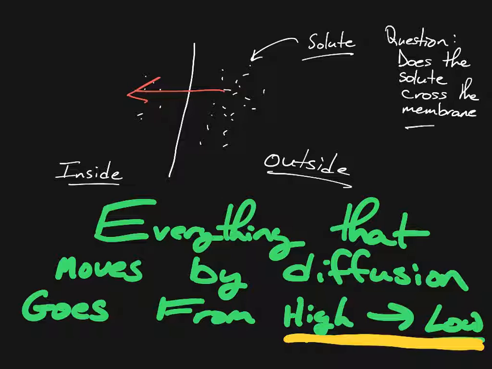That's the first question you have to ask. If it does cross, then the solute's going to move from high to low. That's all there is to it.